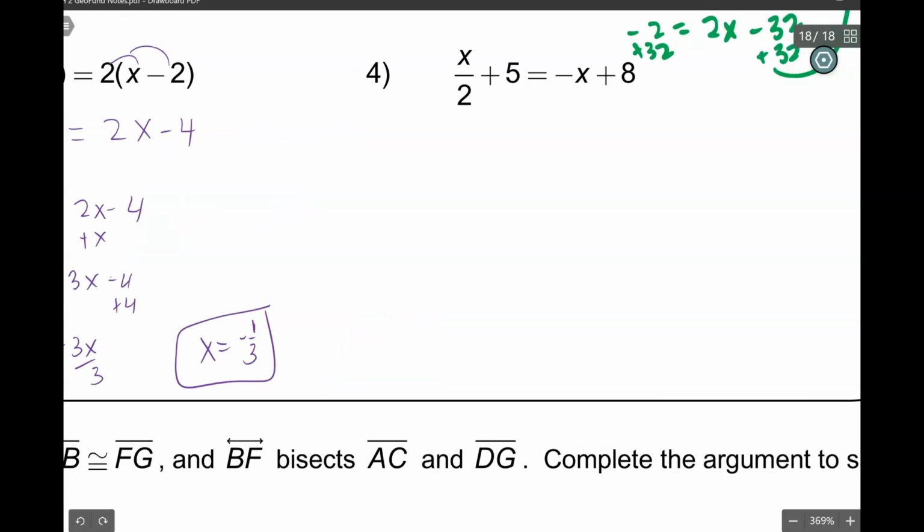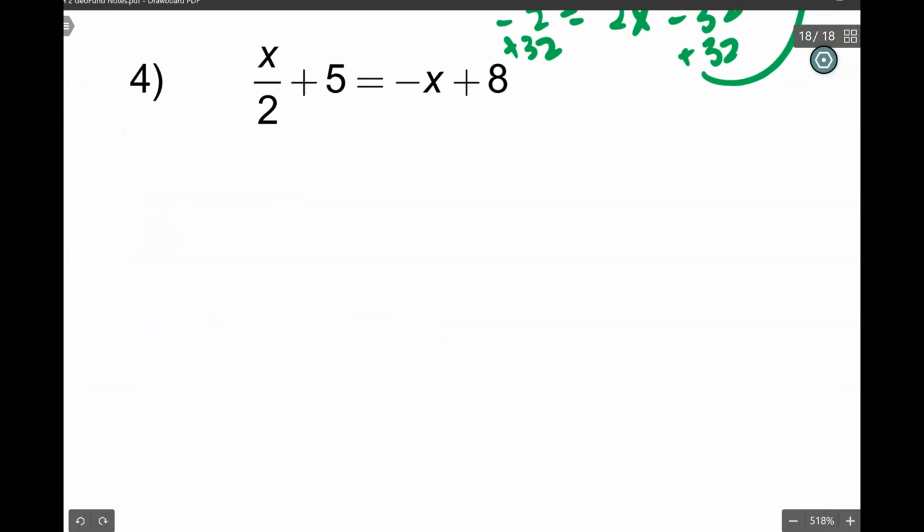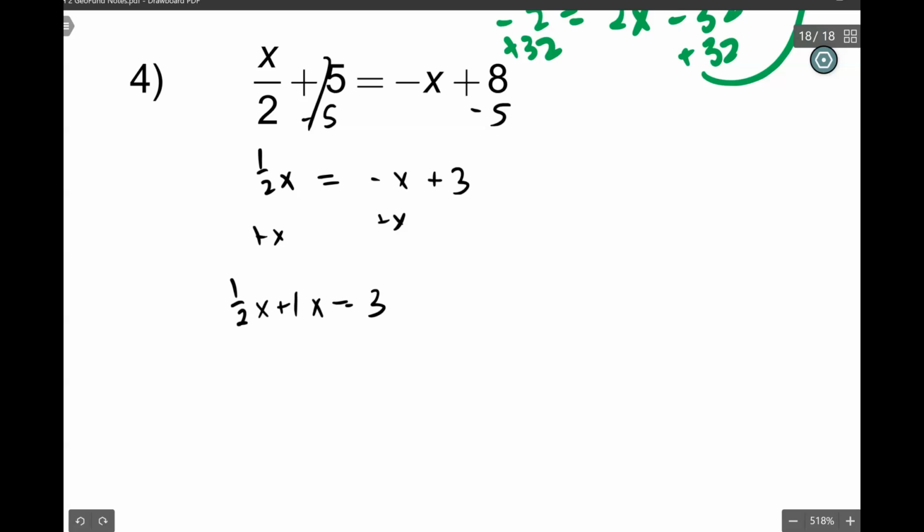Okay. And lastly, we have 1/2 x. So I'm going to subtract 5 on both sides, get rid of that. 1/2 x is equal to negative x plus 3. If I add x on both sides, I have 1.5x. So I have a half x plus 1x equals 3.